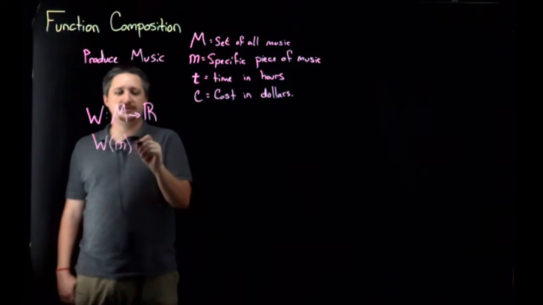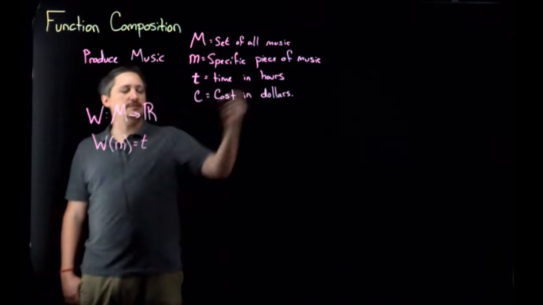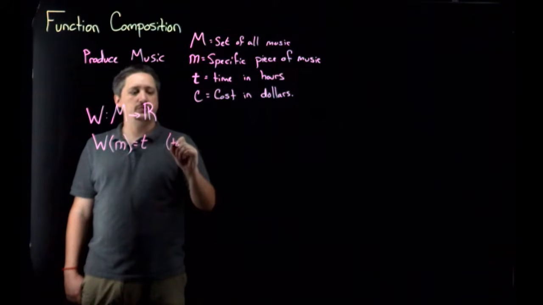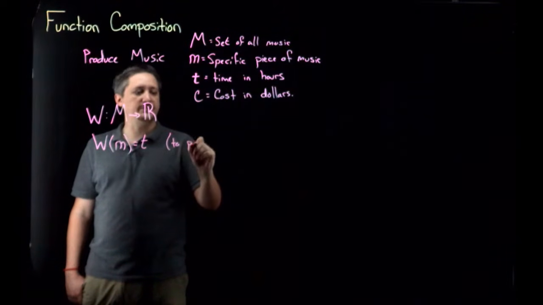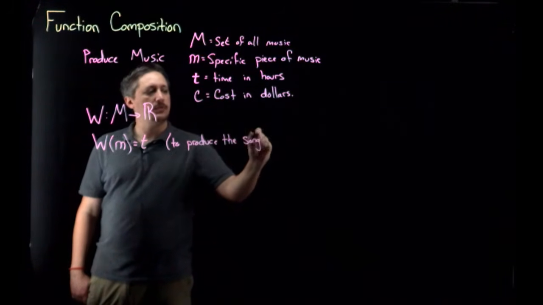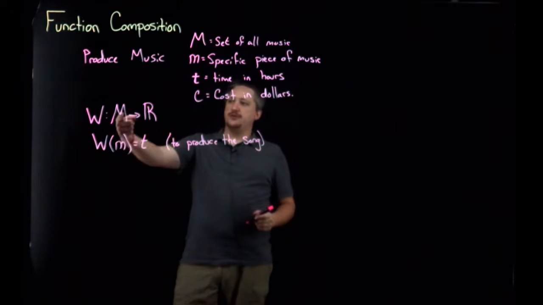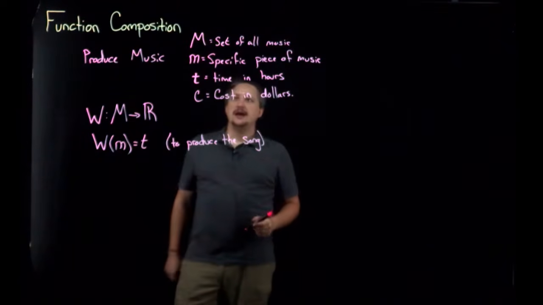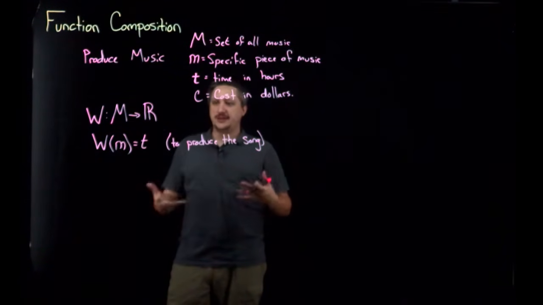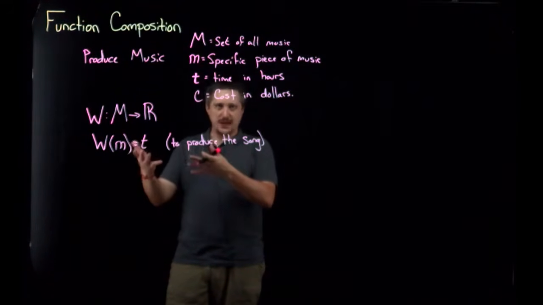The function takes in music and gives out some T, where T is the time in hours to produce that song. So this relation is going from the set of all music, and giving out some real number, some T, and that T value in particular is how long it takes to work on that particular song.